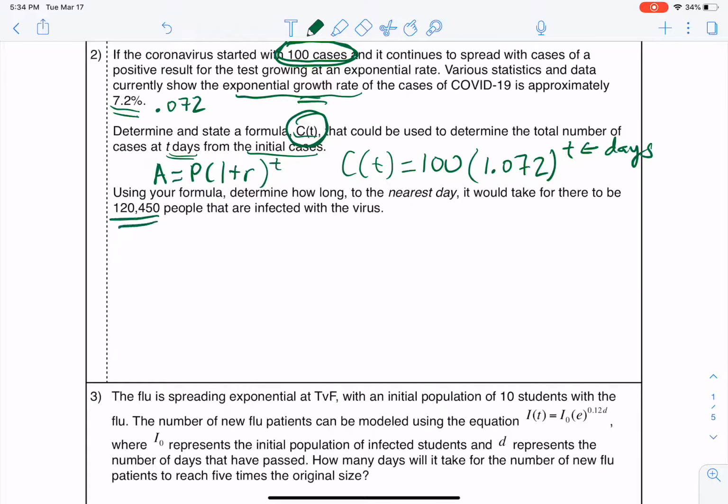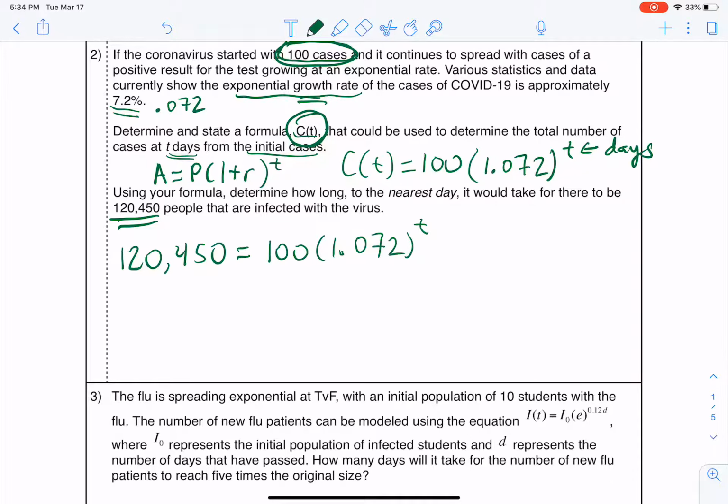So we know that after a certain amount of time, we're predicting this number of people will be infected, 120,450. So I replace that with C of t. I'll write the rest of my equation as I wrote it before.